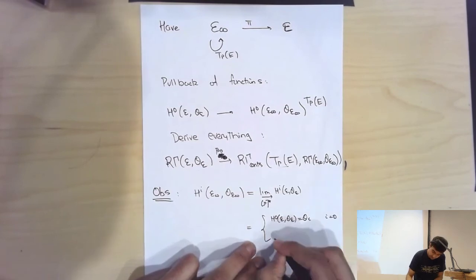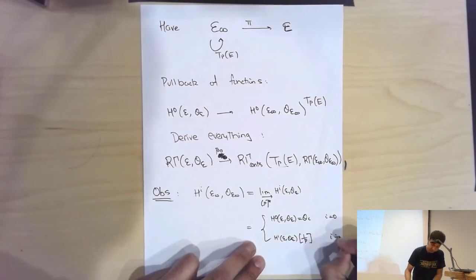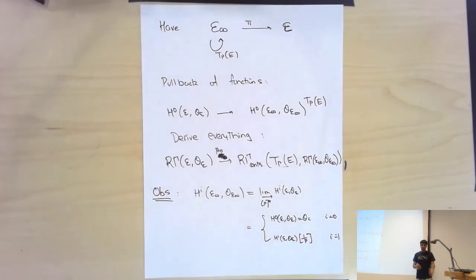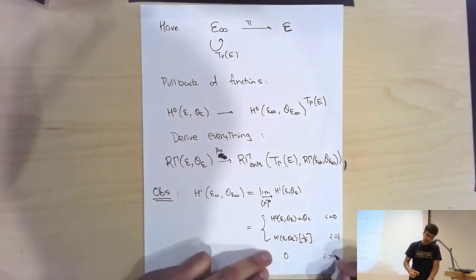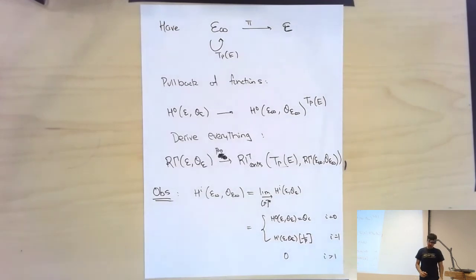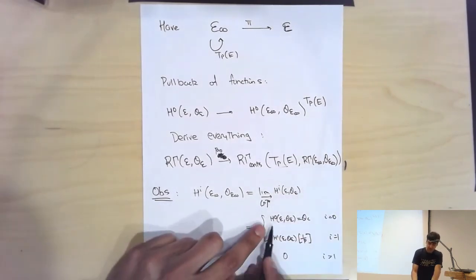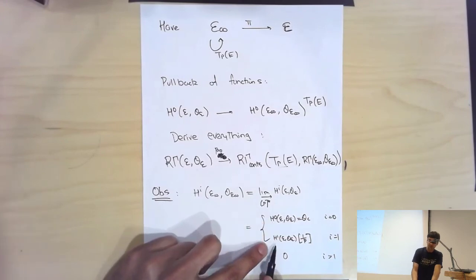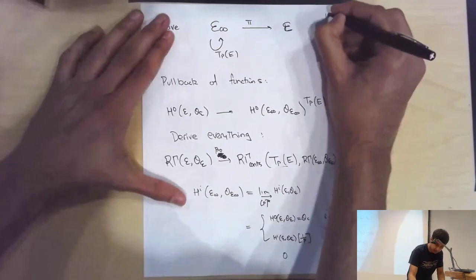And in degree 1, you get H^1 of E, O_E, but then you're taking the direct limit along multiplication by p, which has the effect of inverting p, because that's how you compute localizations. And then it's 0 for i bigger than 1. And so this complex that we are trying to understand has quite simple cohomology groups. In degree 0, it's the constants, and in degree 1, it's some rational vector space. And there's nothing else. And so this understanding can help us.